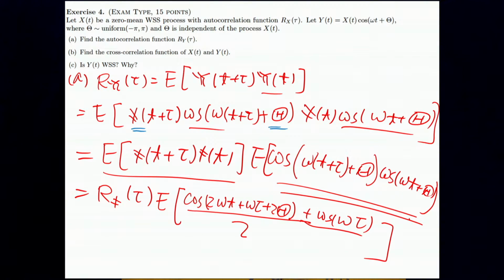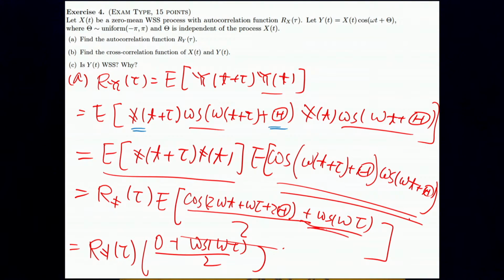And since theta is uniform, the expectation of this first term will be 0. So 0 plus cosine omega tau divided by 2. And this term has no random variables, so it's just cosine omega tau. So finally we have 1/2 the autocorrelation of X times cosine omega tau.